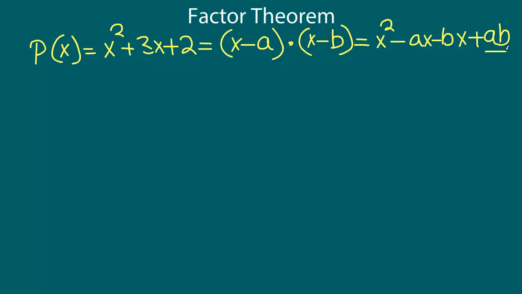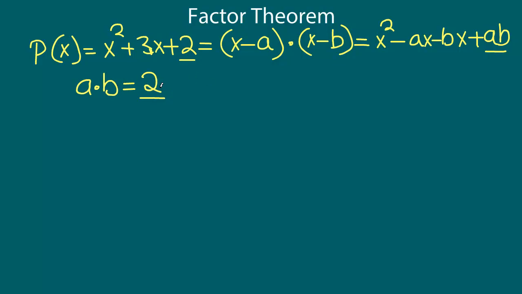Now, if you look at this term ab, this is a constant term, and in our question, the constant term is 2. That means a times b is 2, and we are trying to find a and b. If we find the two factors of ab, that will give us a and b.